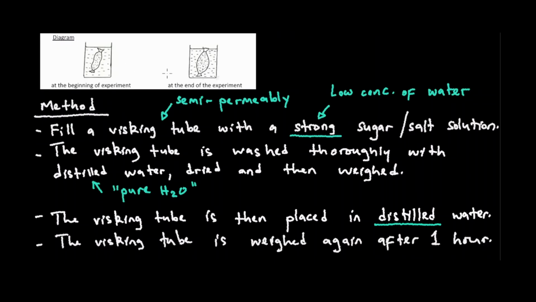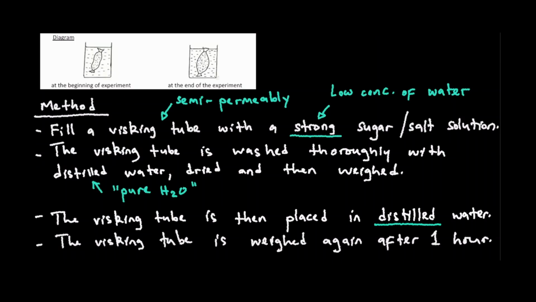Let us just summarize zvachiitika panapa. Saka tatanga tiine a whisking tube which is a semi-permeable membrane. Ndobva taisa a strong sugar kana kuti salt solution inside it. Then we should appreciate kuti if it is a strong solution, zvoreva kuti it has a low concentration of water.